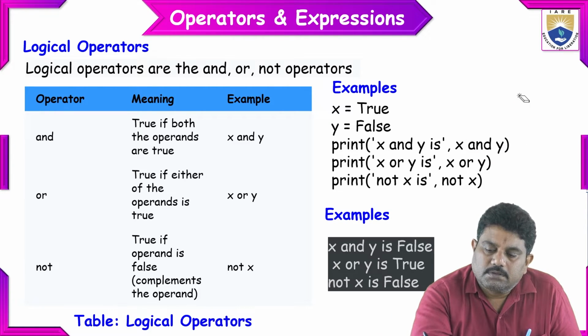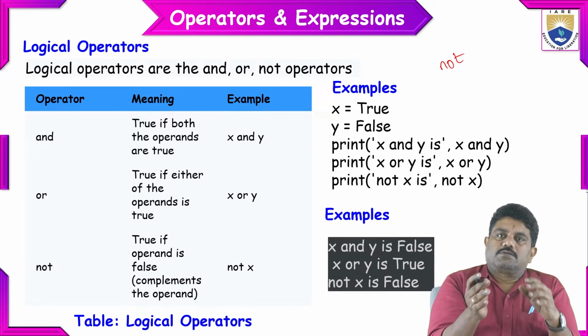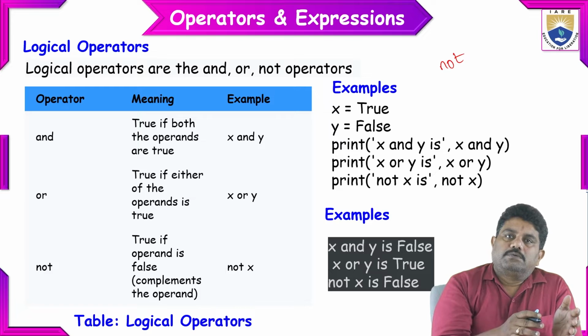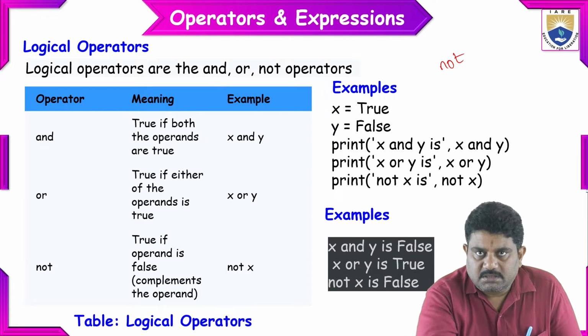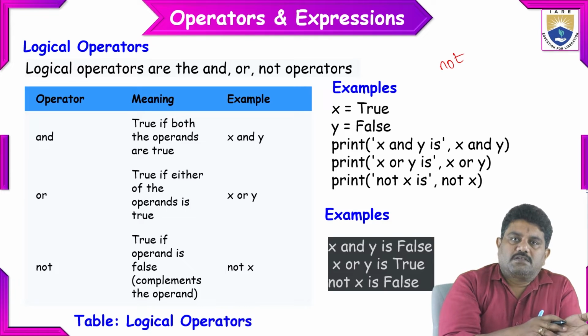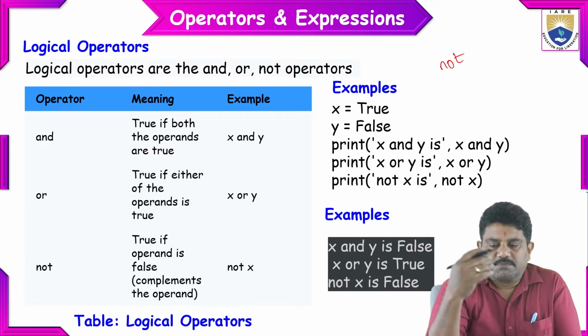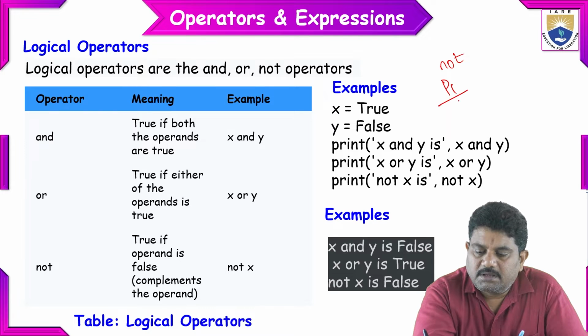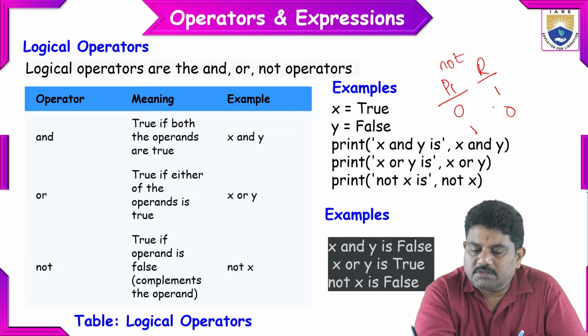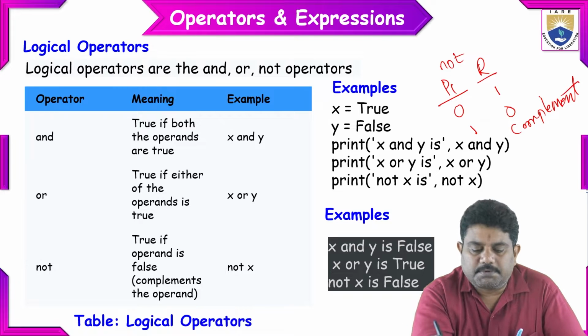If the operand is true, then after applying the NOT, it becomes false. If the operand is false, after applying NOT, it becomes true. It means complement. For example, if you take P1, if it is 0, the result is 1. If it is 1, the result is 0. So it performs the complement operation.